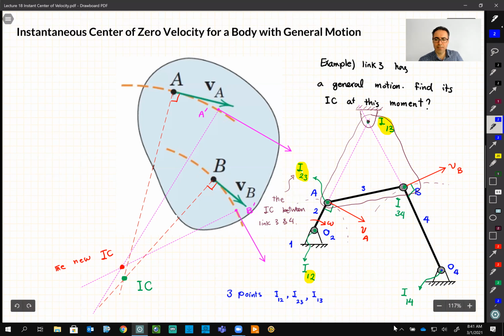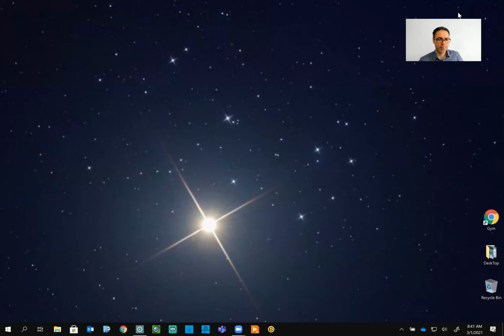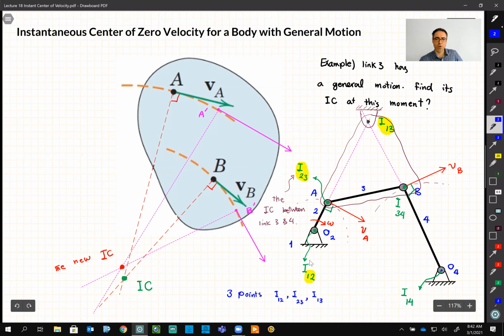Anything on the chat? Collinear, that's true. So you guys are right. So these 3 points are on the same line.